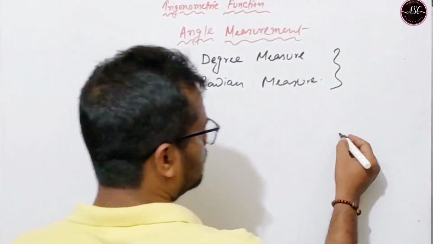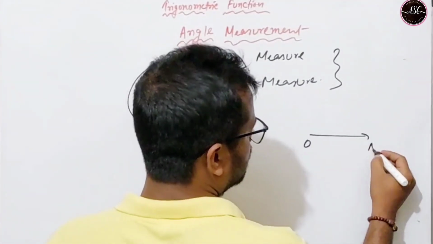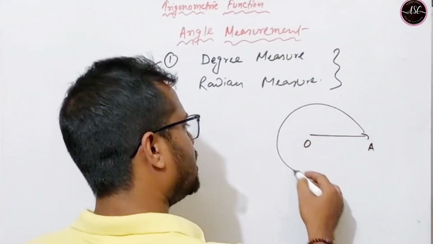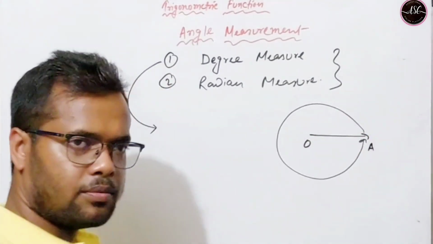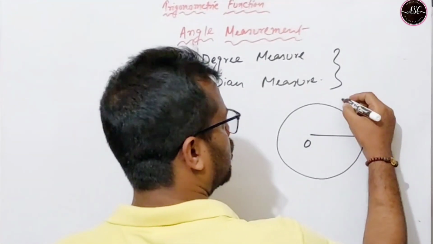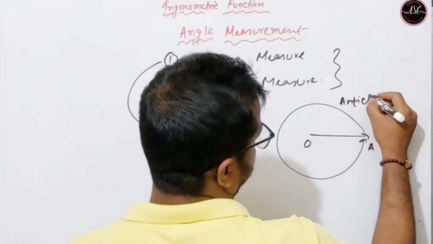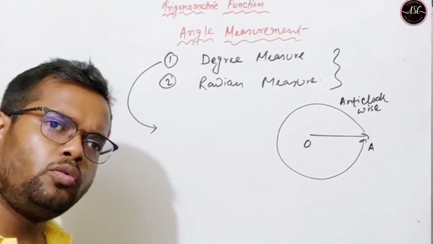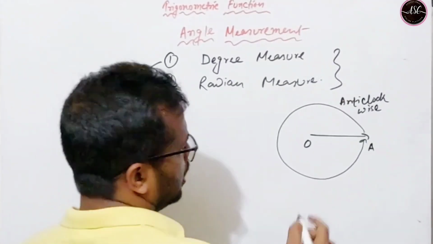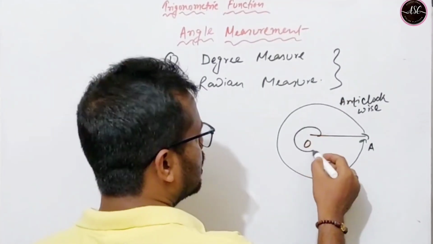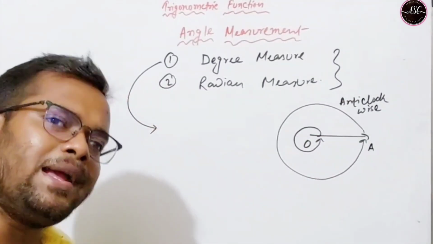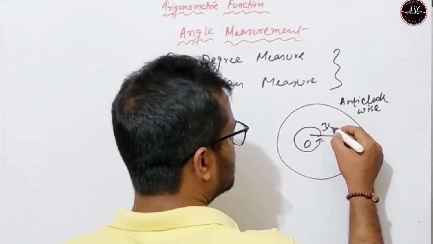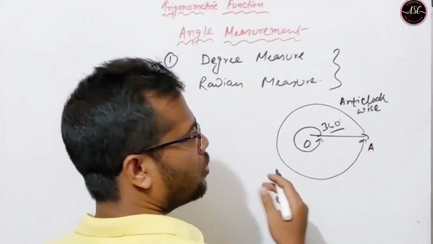If a ray OA completes one revolution anti-clockwise, then the angle will be positive, and it will subtend an angle of 360 degrees.